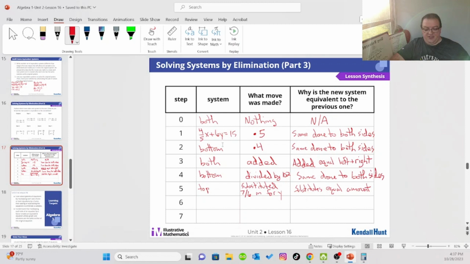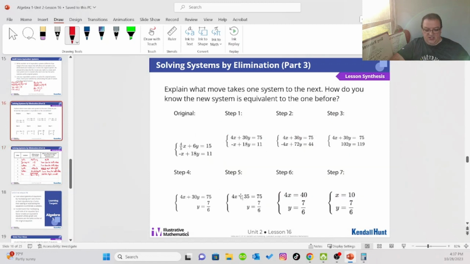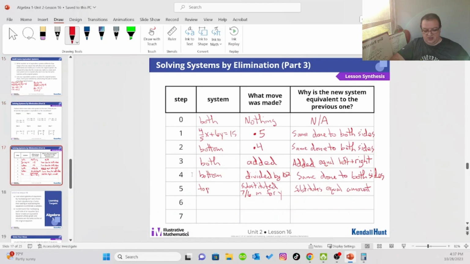To go from 5 to 6, we can see that we subtract 35 from both sides. And again, they're equal because same thing, both sides.